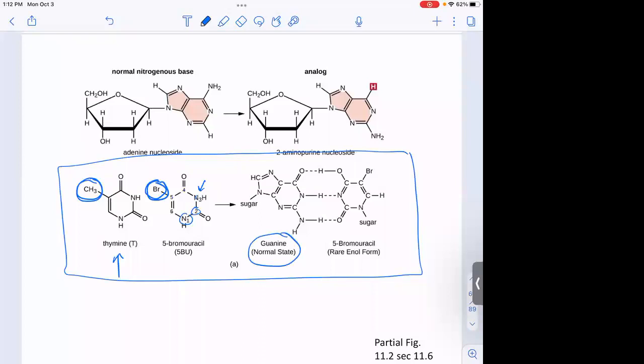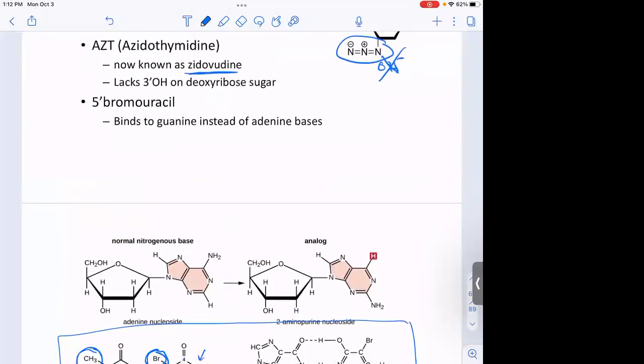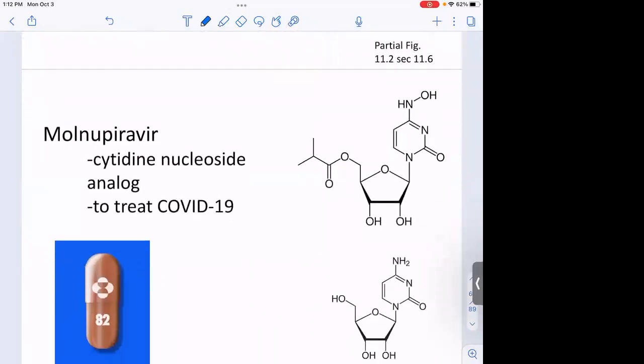So there's going to be lots of mismatches, the wrong nucleotide coming in there to replicate that strand. And again, eventually enough mutations build up that the cell wouldn't be able to survive. Okay. What else? Oh, here's one other example.